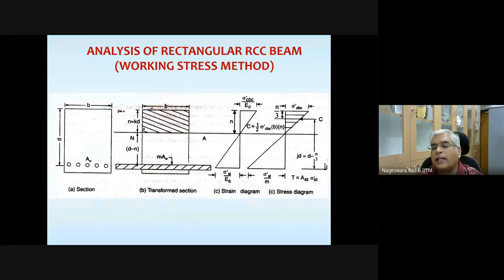That 1 minus K divided by 3 is nothing but your J. J is called lever arm factor. Hope you are noting down in your notes. J is called lever arm factor. K is called neutral axis depth factor. Okay. Any questions here?